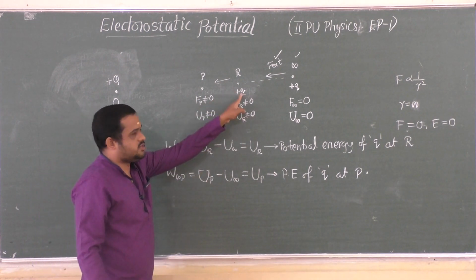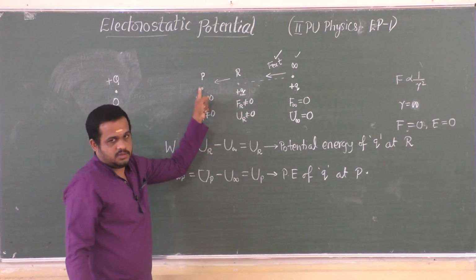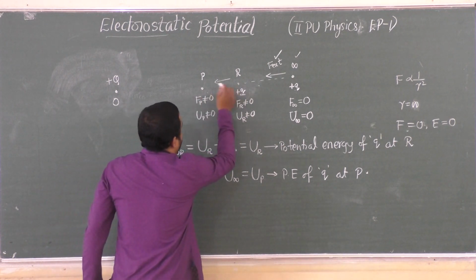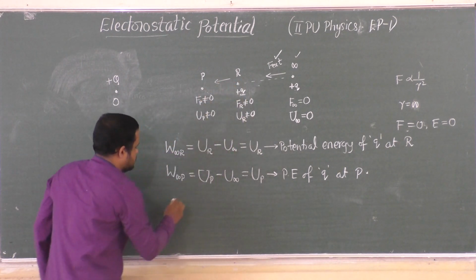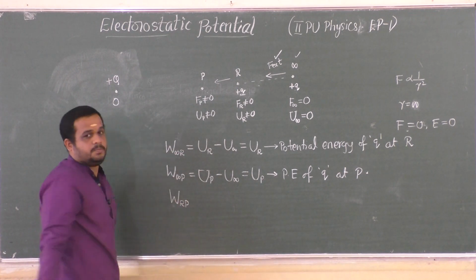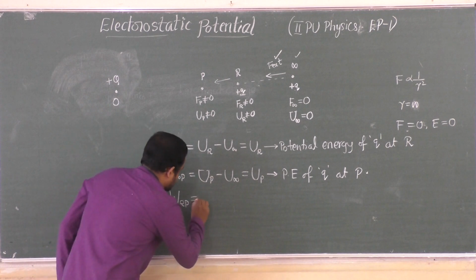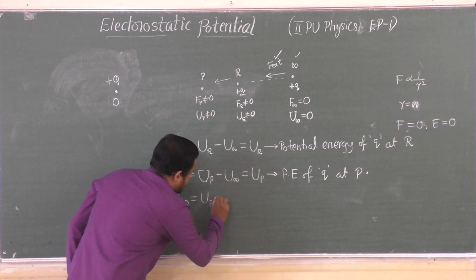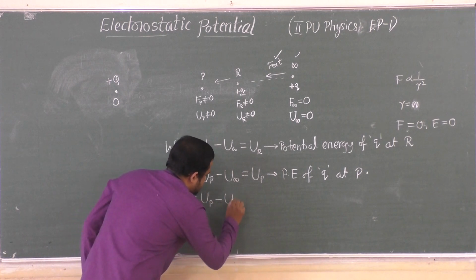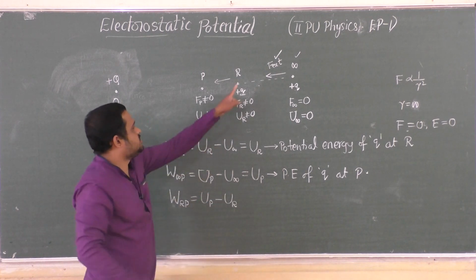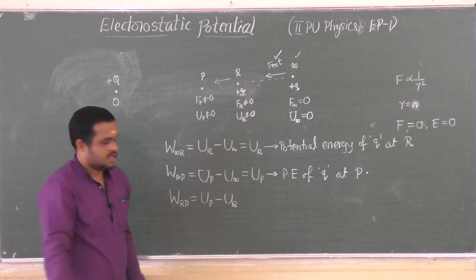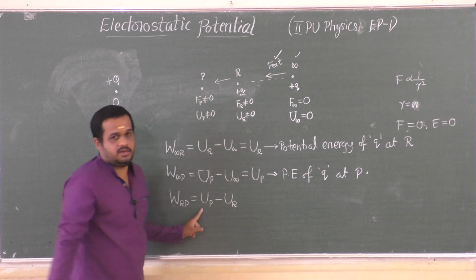Charge Q is shifted from R to P. In this process, what is the amount of work done by the external force? The amount of work done in shifting the charge from R to P is equal to the final potential energy at P, UP, minus the initial potential energy at R. Now we started from this point, final point is P, therefore UP minus UR. Now these two are non-zero values.